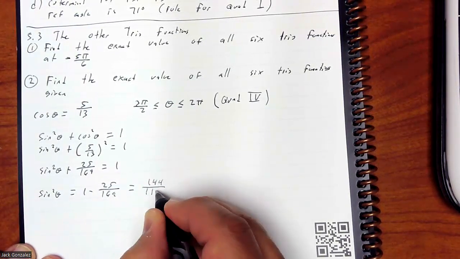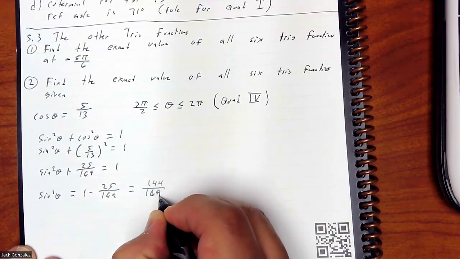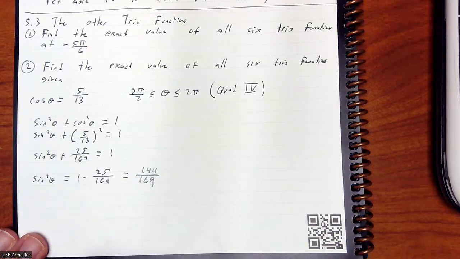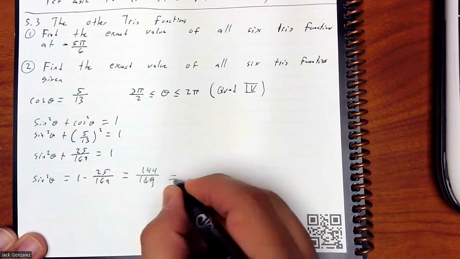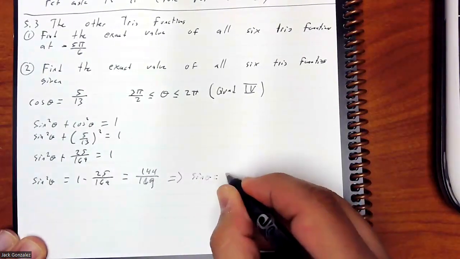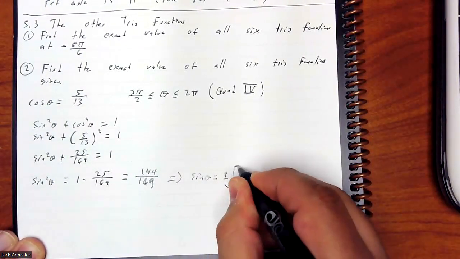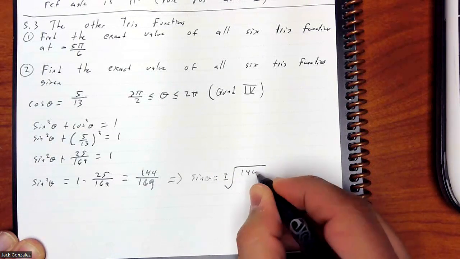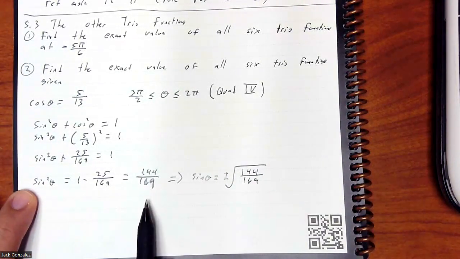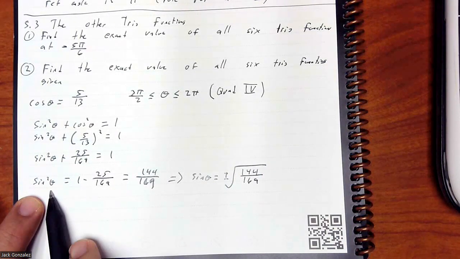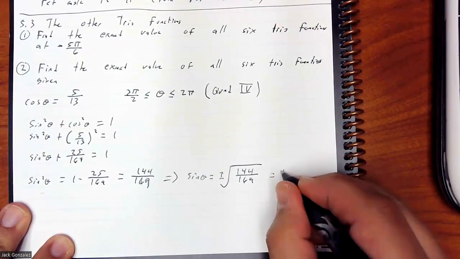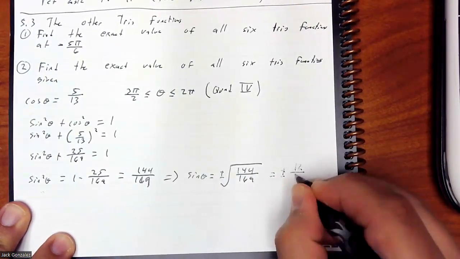I'm skipping the fraction step because I'm running out of space. So this means that sine theta would equal plus or minus the square root of 144 over 169. You'd have to square root both sides to solve for sine. Once you've done that, you'll get plus or minus 12 over 13.